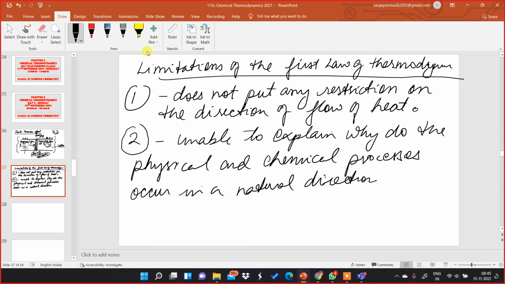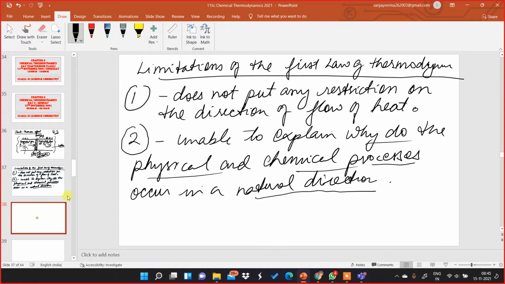It has not been able to explain why the physical and chemical changes which are happening occur in a natural direction. That is the second limitation.